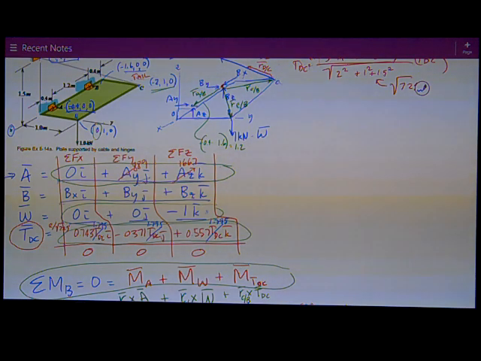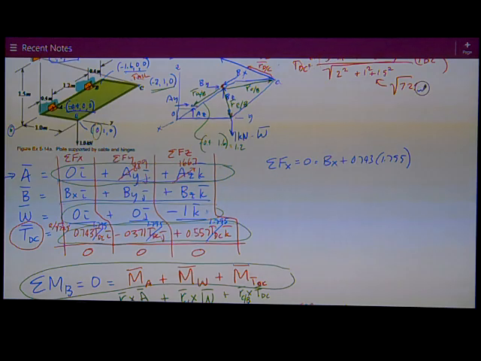Then I can work on these equations. This first column, sum of forces in the x direction, can be solved to give me Bx, because it's equal to Bx plus 0.743 times 1.795.